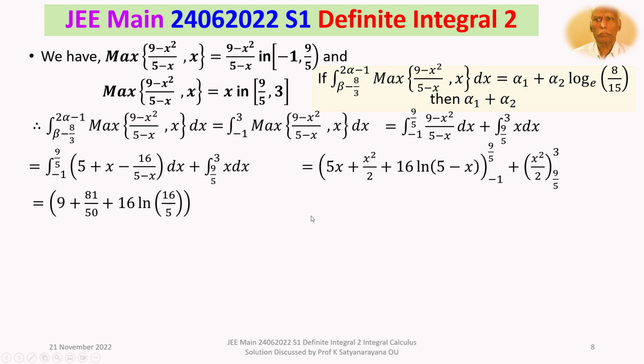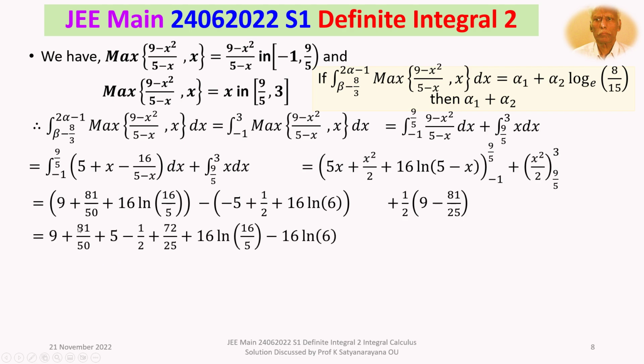For the lower limit, similarly, this is the one we have computed, plus 1 by 2 into, for the upper value, x square is 3 square, that is 9, minus, for the lower value, (9 by 5) whole square. So these are the values we have obtained, and when simplified we get 72 by 25 plus 16 log of 16 by 5 minus 16 ln 6.